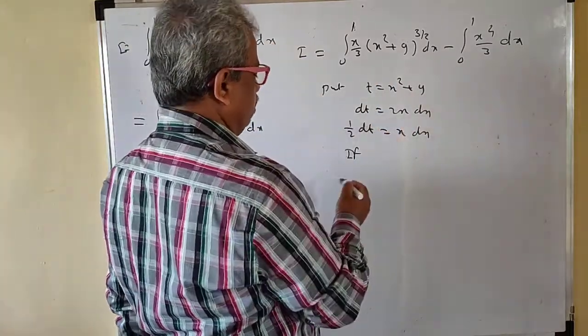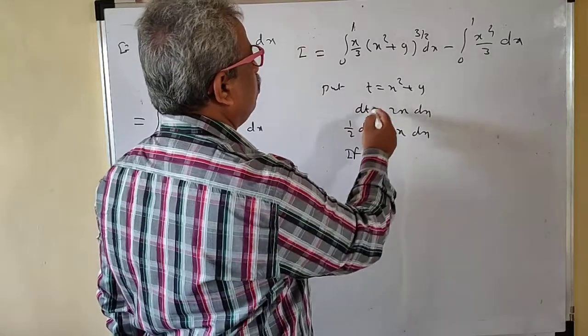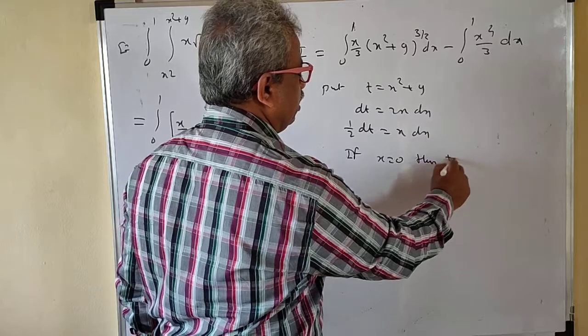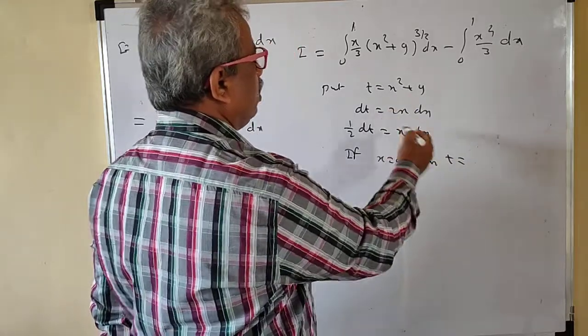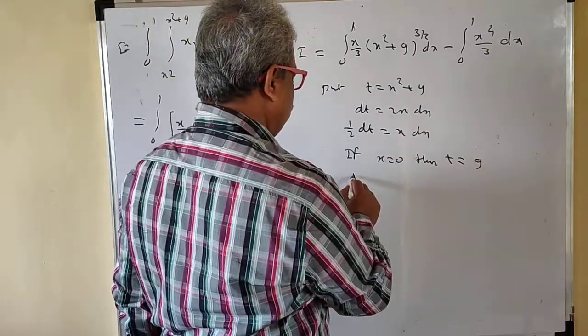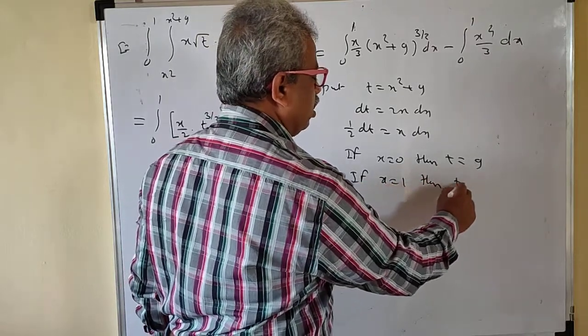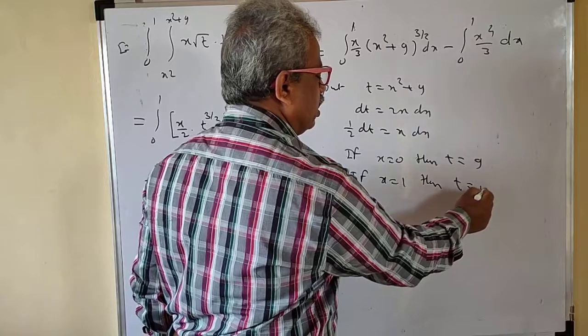So if x is equal to 0, then t is equal to 9. If x is equal to 1, then t is equal to 10.